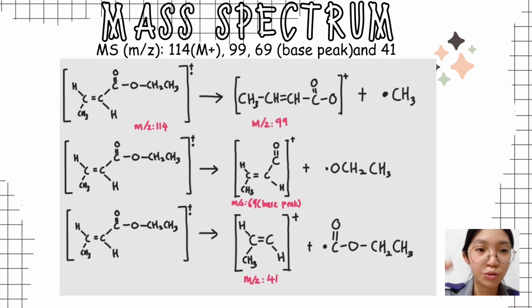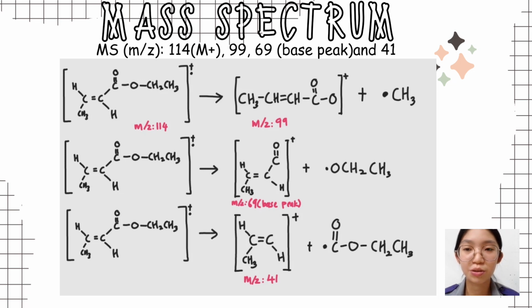So how it goes to 99 is 114 minus 99 is 15. 15 might indicate the loss of CH3, which is a methyl group, because the possible structure with the molecular weight of 15 is CH3.